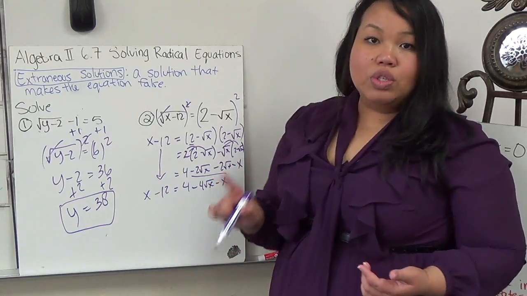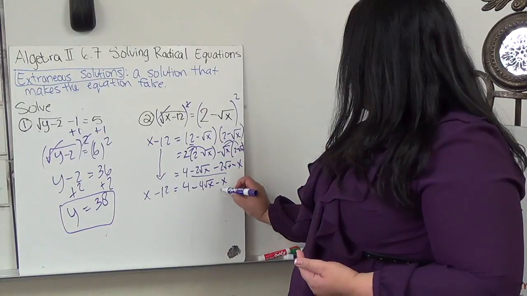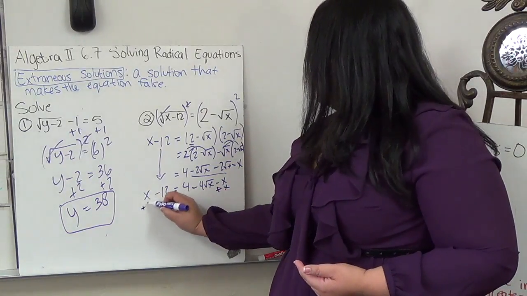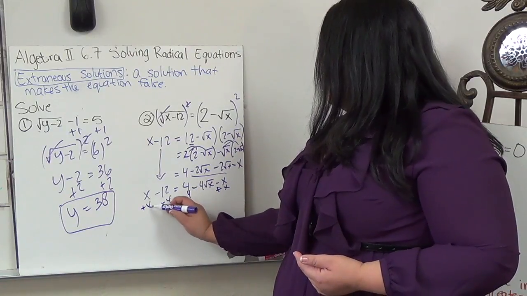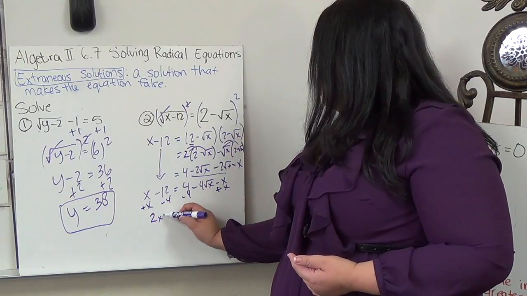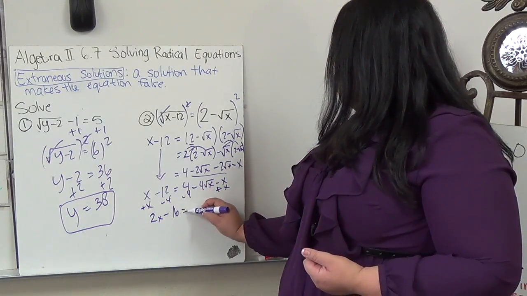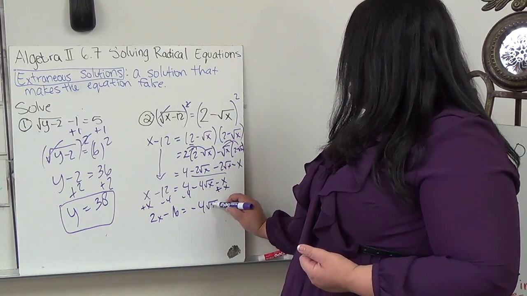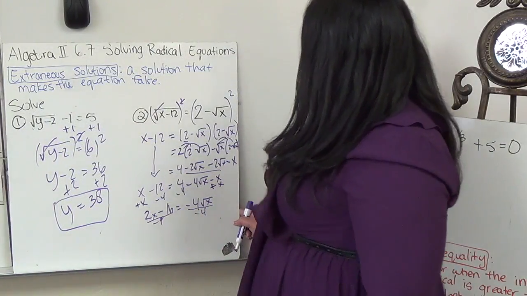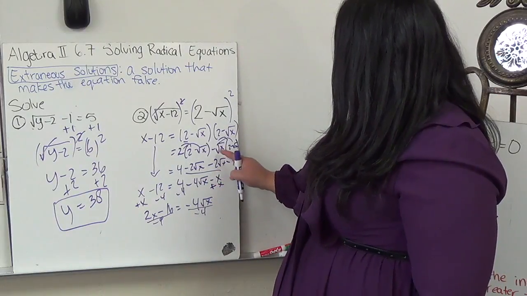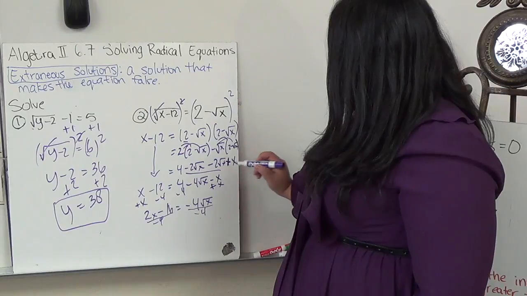Now, because the square root is on one side, I can then isolate like I do here. So I'm going to add x to both sides, and I'm going to subtract 4 from both sides. This gives me 2x minus 16 equals negative 4 square root x. Okay, I see the mistake here. What happened was that I multiplied this times this, which should have given me a positive x.